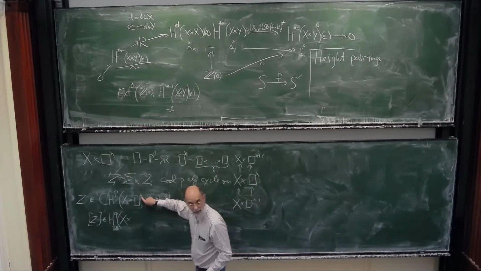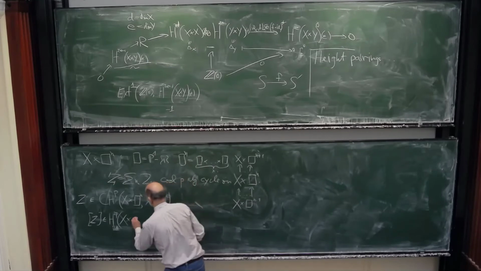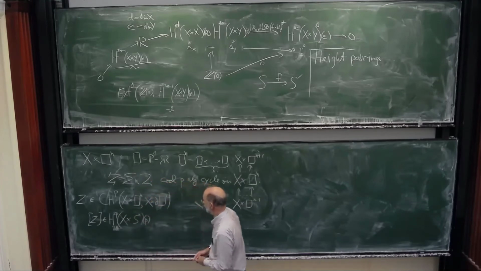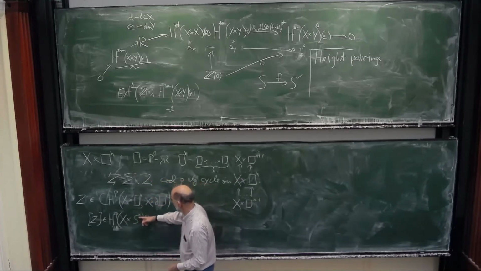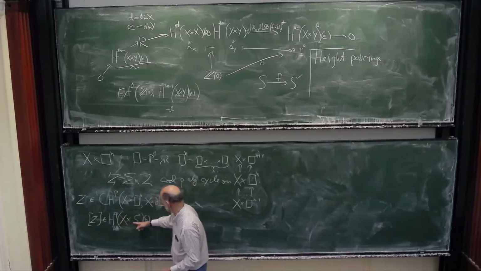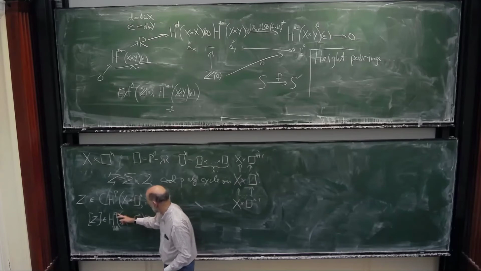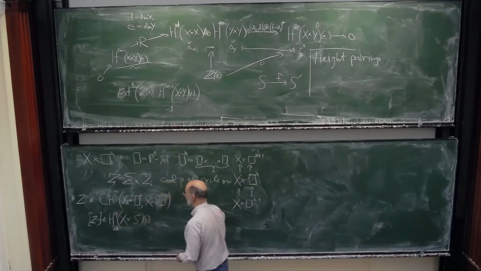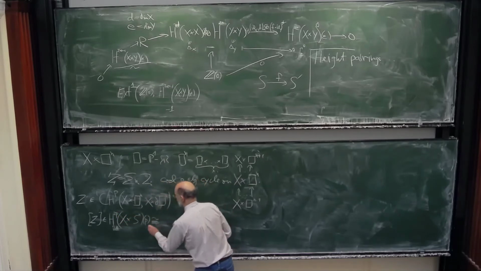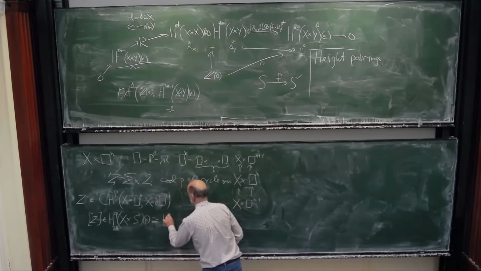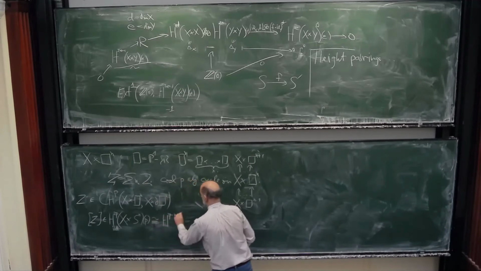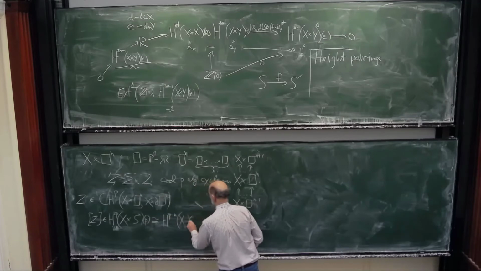Right? It's an n-dimensional sphere, so here I can just write S^n. But it's familiar that if I take the cohomology of something crossed with an n-sphere, that simply subtracts n from the cohomology of X. So this is isomorphic to H^(2P-n) of X.